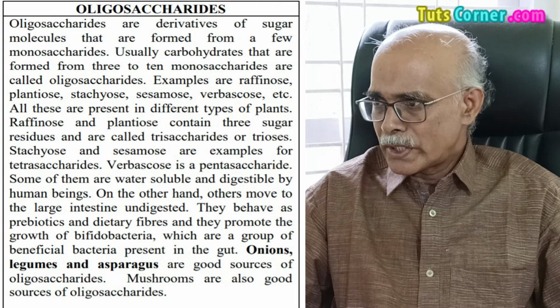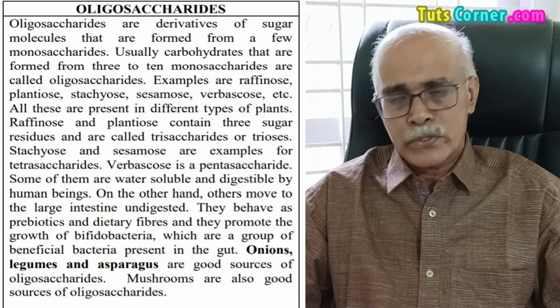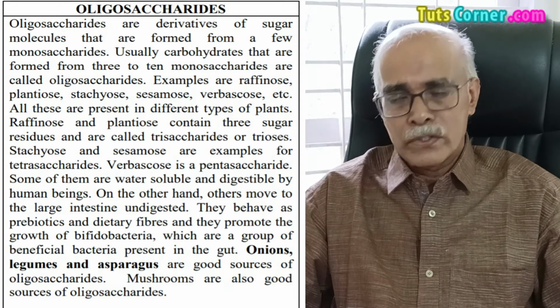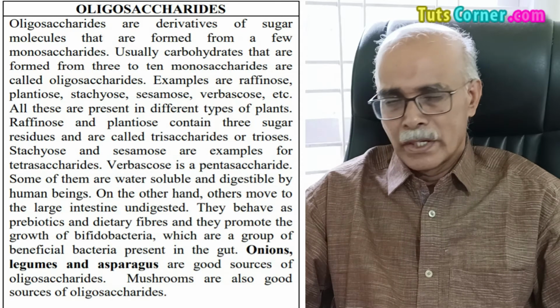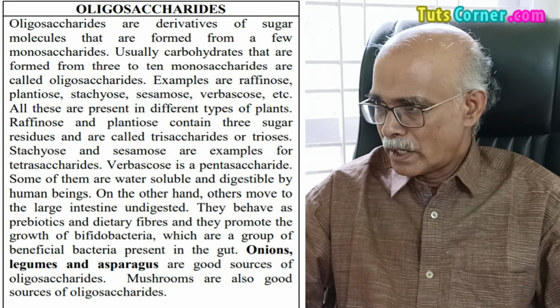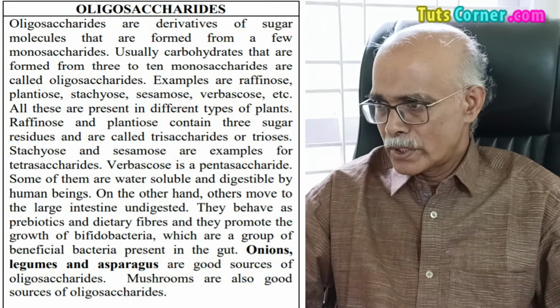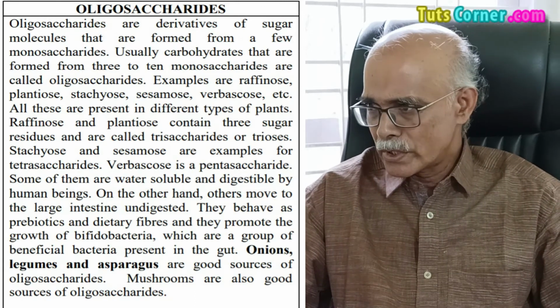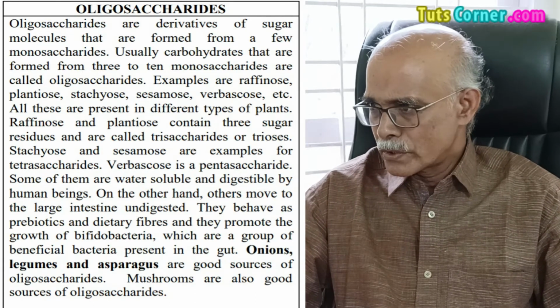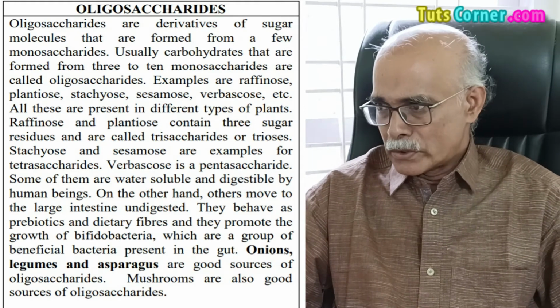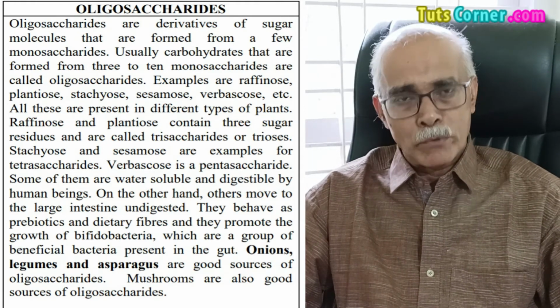Usually, carbohydrates that are formed from 3 to 10 monosaccharides are called oligosaccharides. Examples are raffinose, planteose, stachyose, sesamose, verbascose, etc. All these compounds are present in different types of plants.